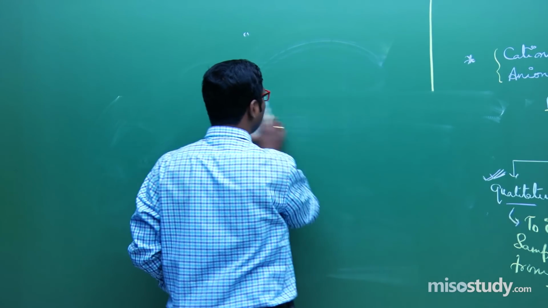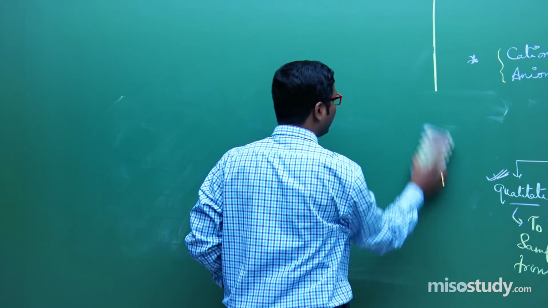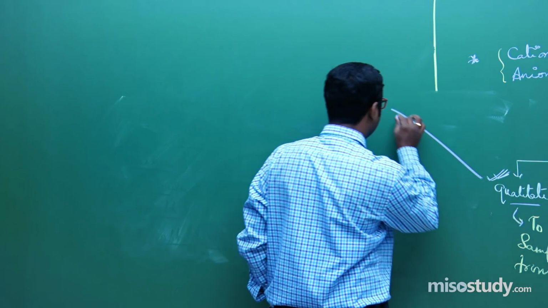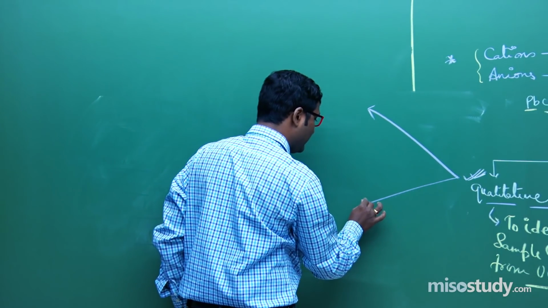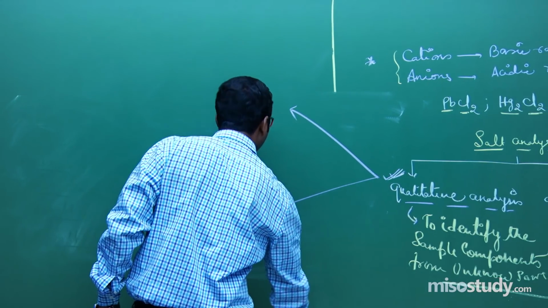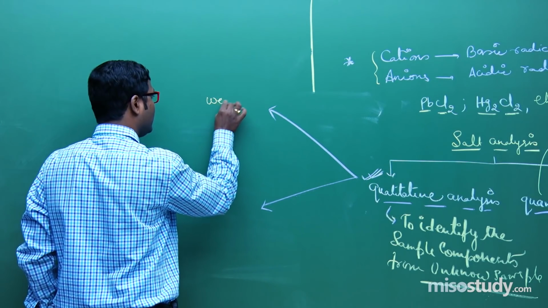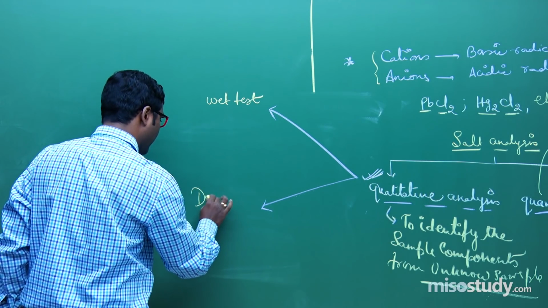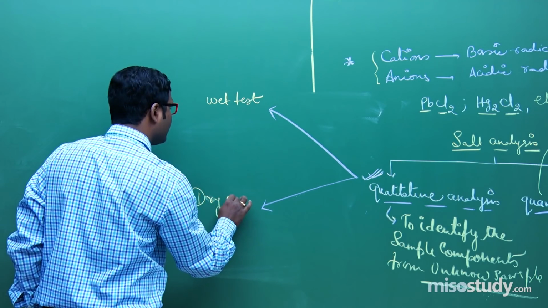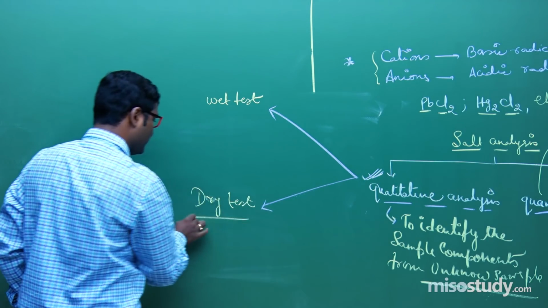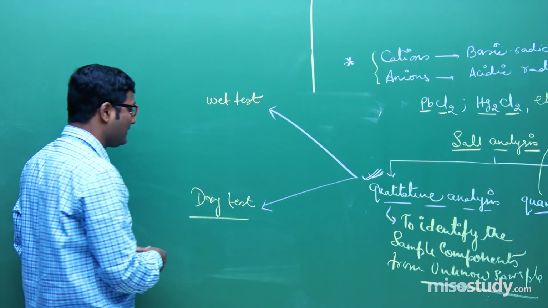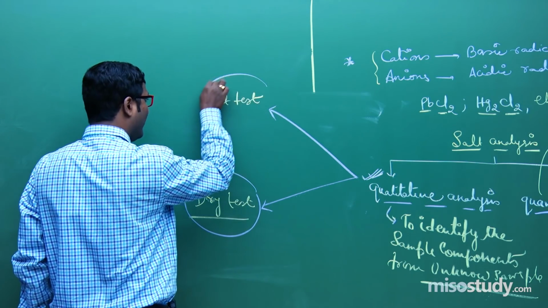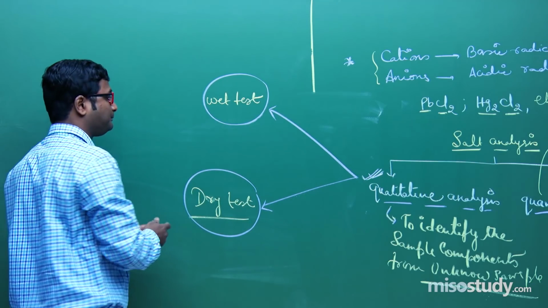The first one is the wet test and the second one is the dry test. Clear to you? We will discuss them one by one, wet test and dry test.